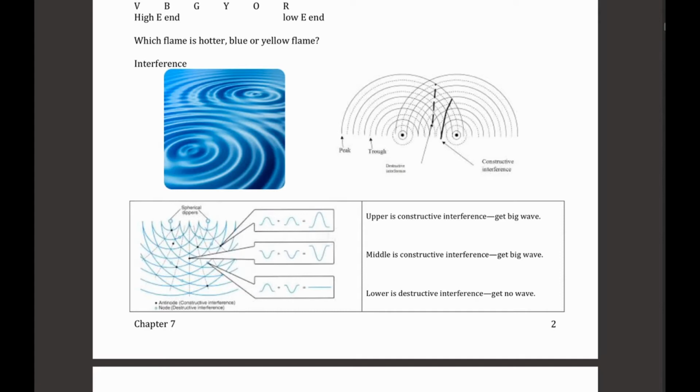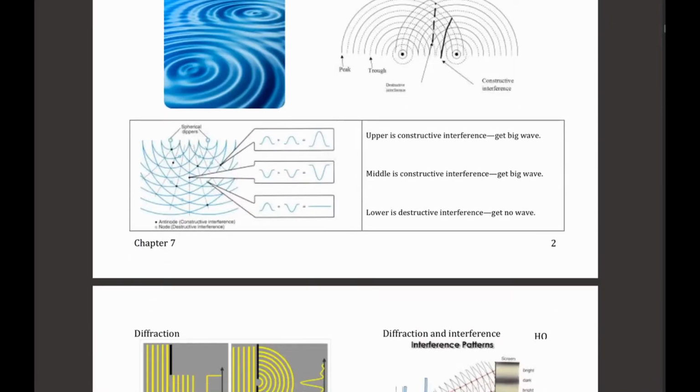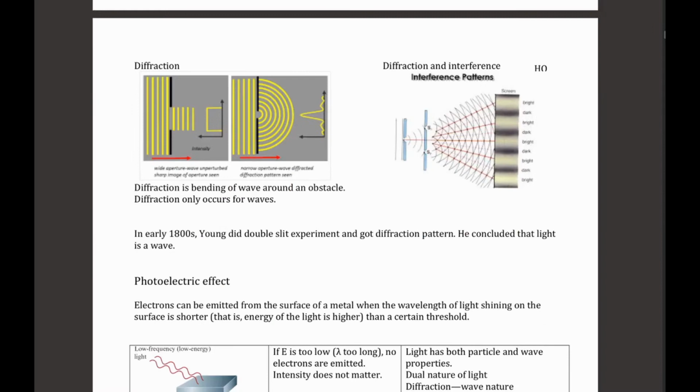We get no wave. And realize again that these waves are from one rock, one wave, the other rock, the other wave. So we have constructive and destructive interference occurring when waves meet.